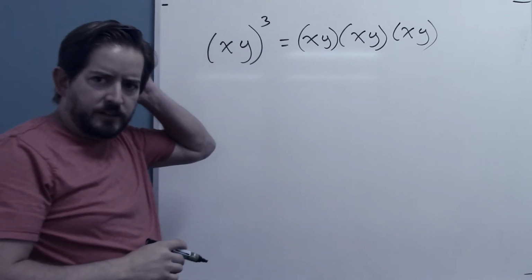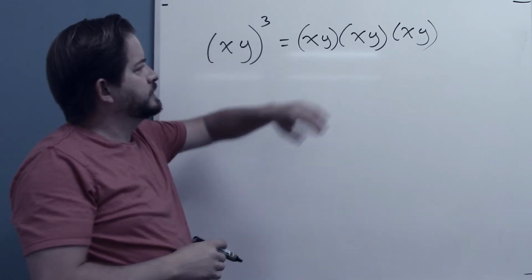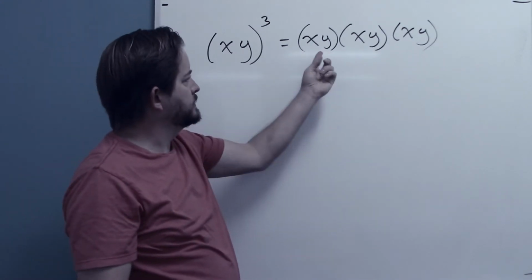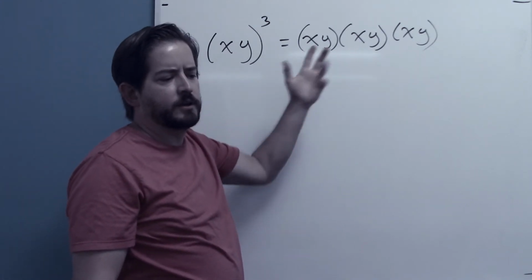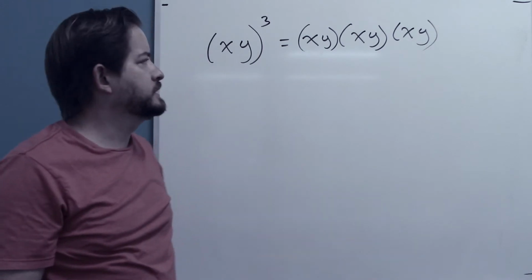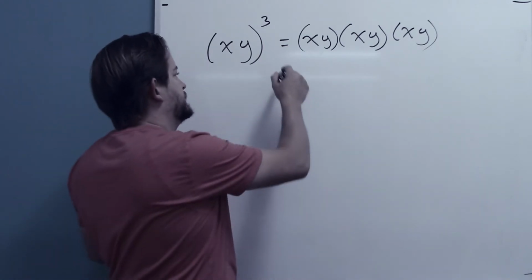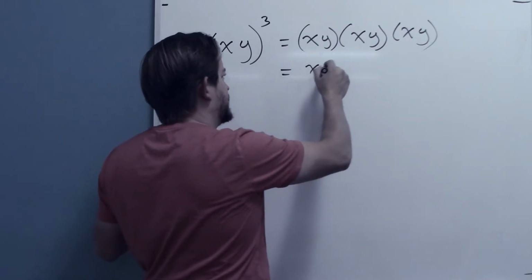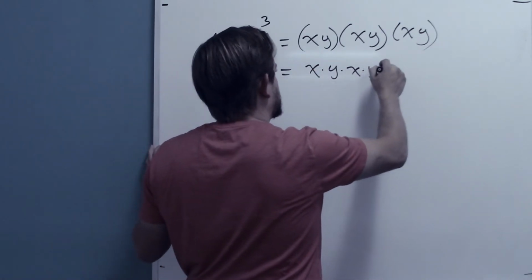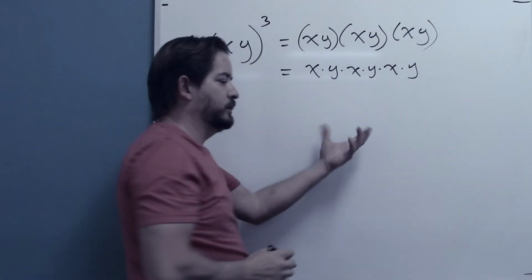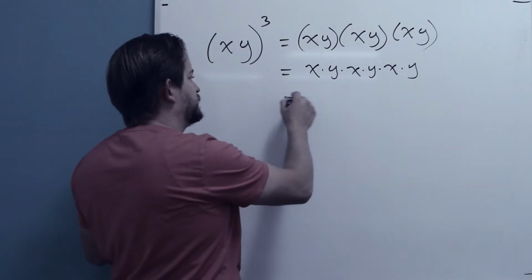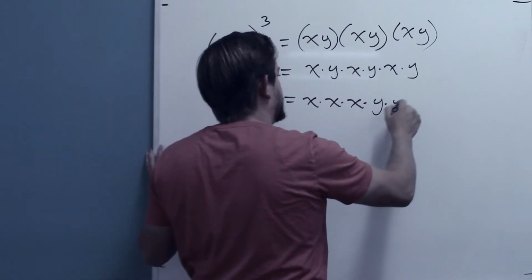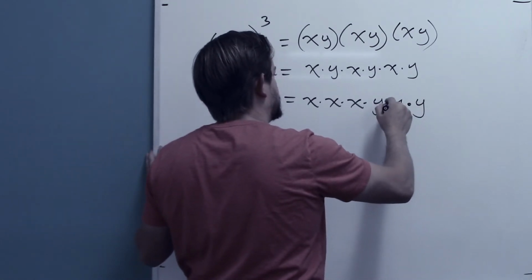The multiplication is associative, which means it doesn't matter how I group it, but it's also commutative, so I can kind of shuffle stuff around. I can rearrange this and write all of my x's in front. And I can write all of my y's there, right?